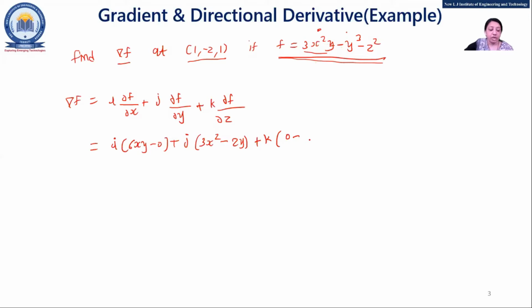Fine. Now the third one is with respect to z. What is supposed to be there for z? Just a minute. It's y cube, so we need a 3y square.